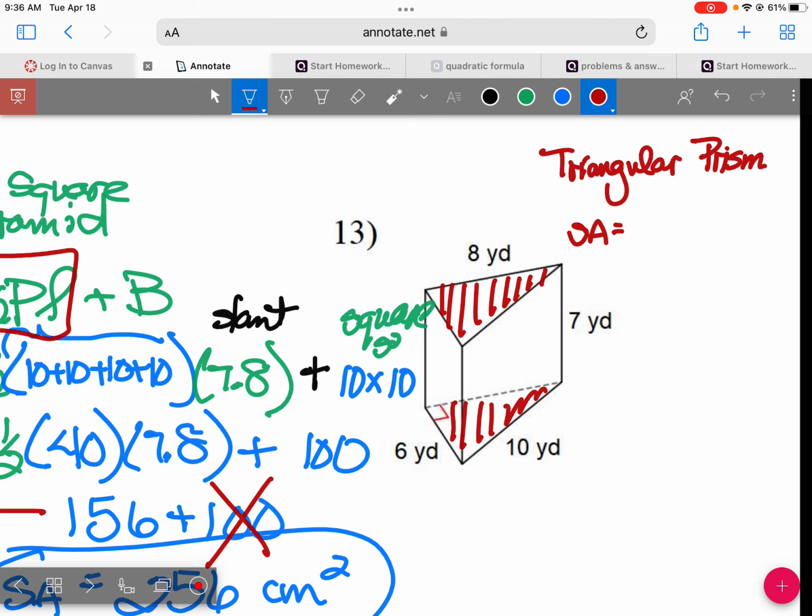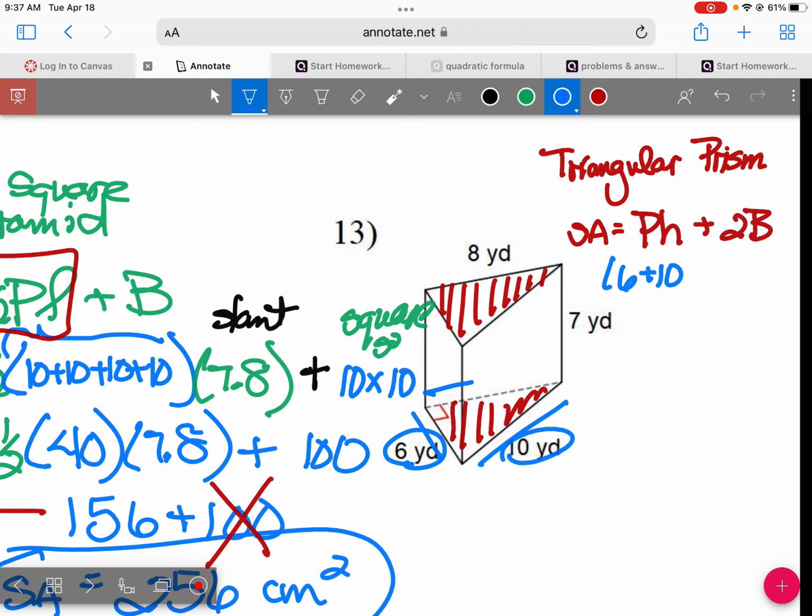Even though it's not very specific, it says perimeter times height plus two bases. All right, the perimeter. I need to add 6. We're talking about the perimeter of my base, plus 10, plus what is this length back here?